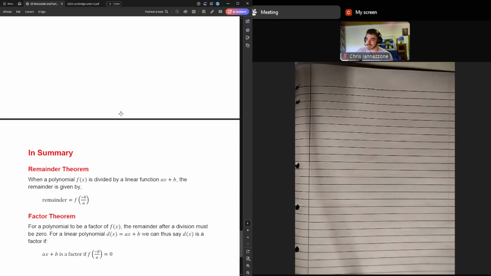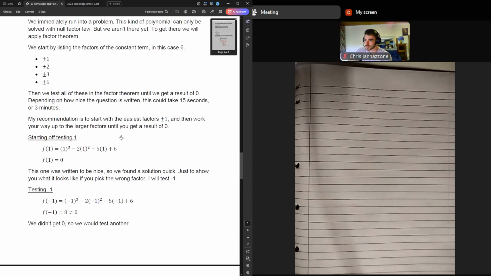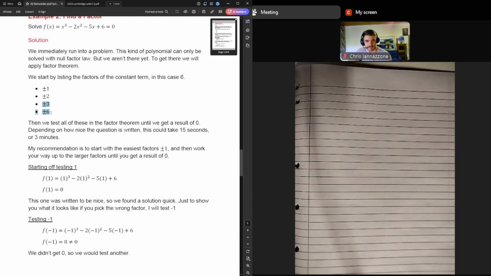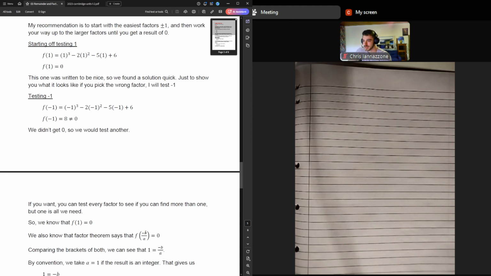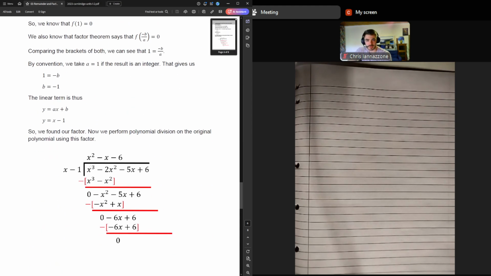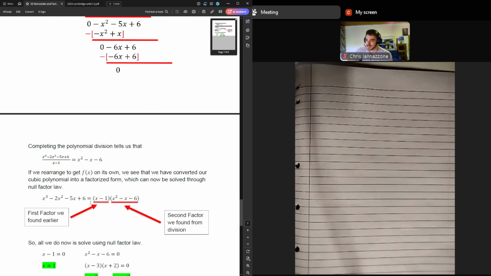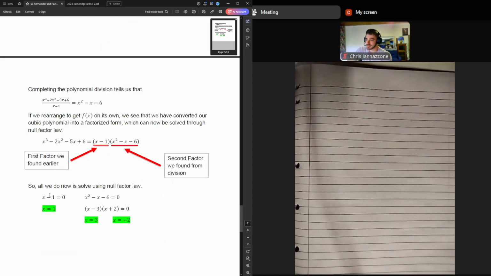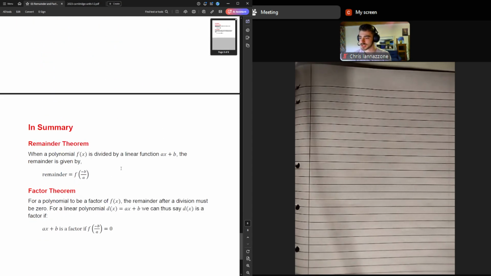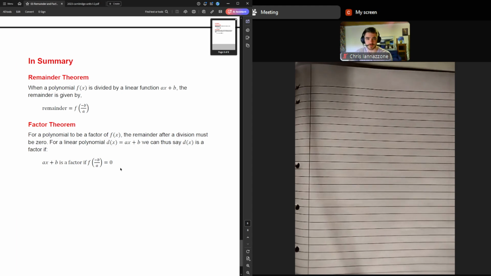You're doing some guess and check, which may take a while on its own, depending on how far down the list they've chosen their factors to be. Then you've got to do a full polynomial division from that, and then this step here isn't too much work, but it is still an additional bit of work on top of that. So it tends to take a while, but unfortunately we don't really have a better option afforded to us.